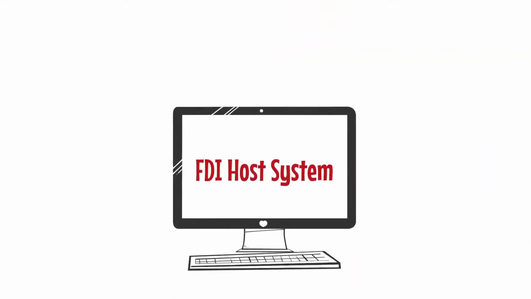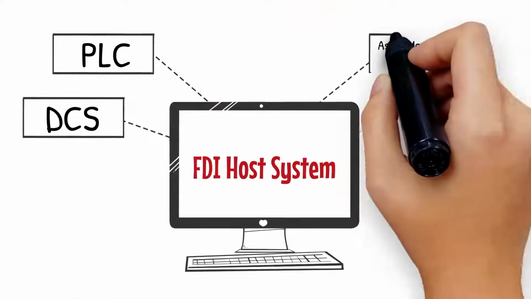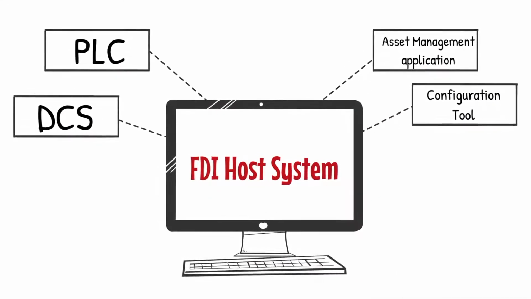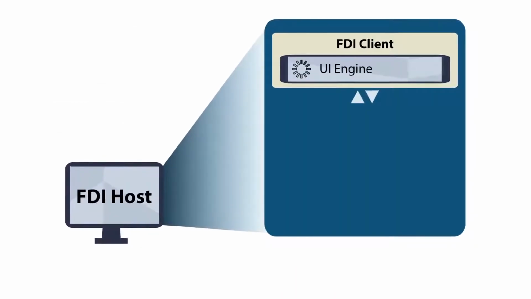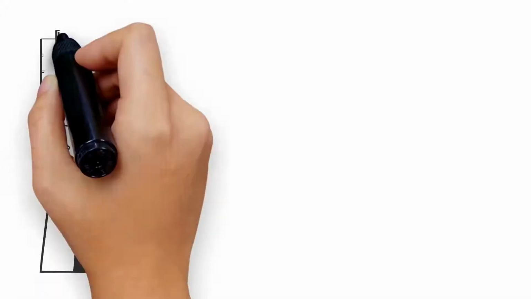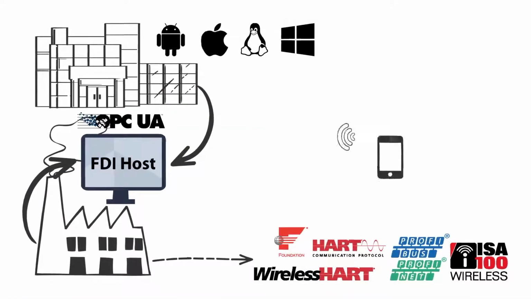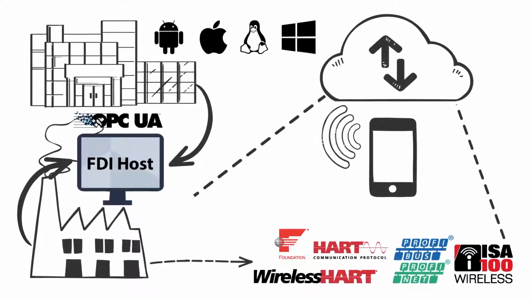An FDI host system in process control can be a DCS, PLC, an asset management application, or even a configuration tool. FDI host systems are made up of an FDI client and an FDI server. FDI hosts may also provide an OPC UA interface to field protocol communication servers, thus allowing disparate machines and systems to communicate.